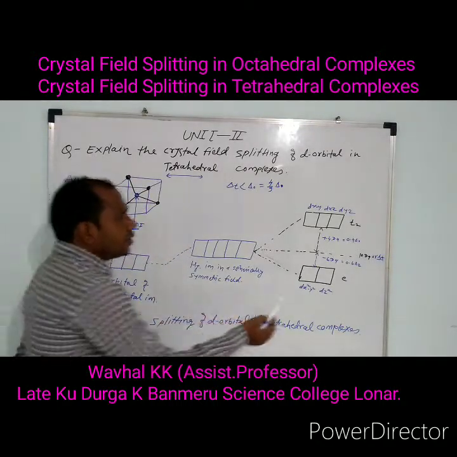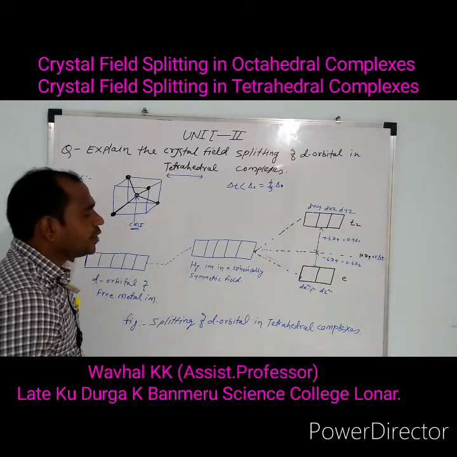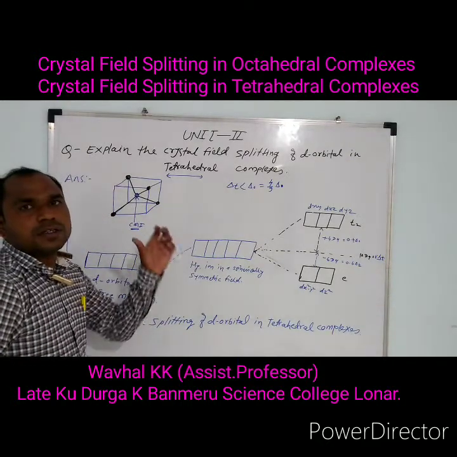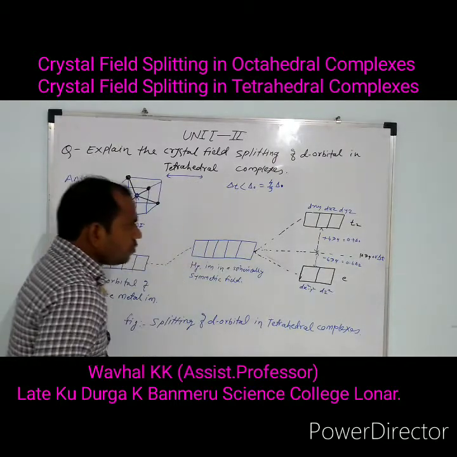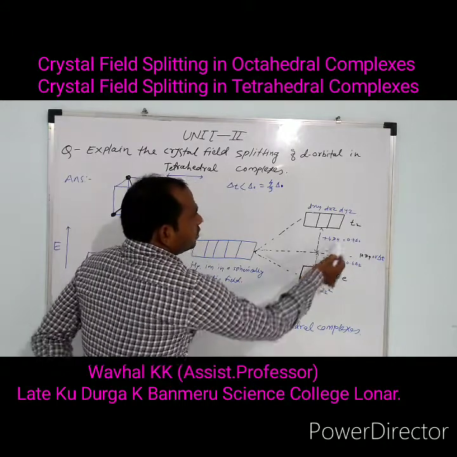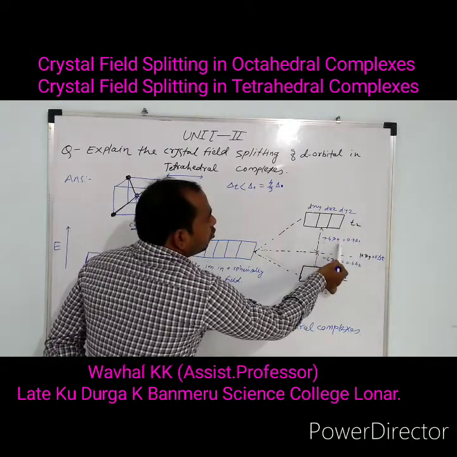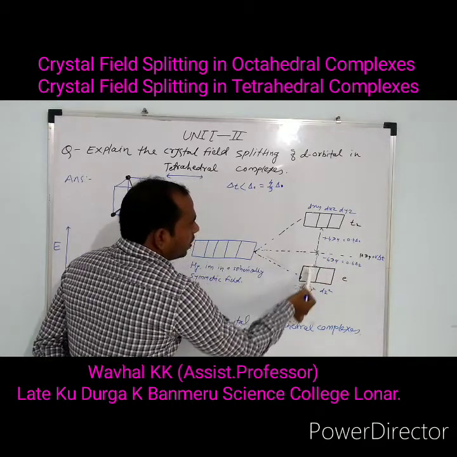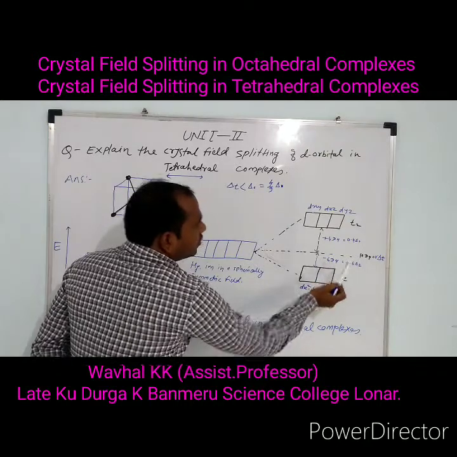It is called 10 Dq, or delta tetrahedral, the crystal field splitting energy. From the barycenter, the T2 orbitals have plus 4 Dq energy, and the E orbitals are lowered by minus 6 Dq.